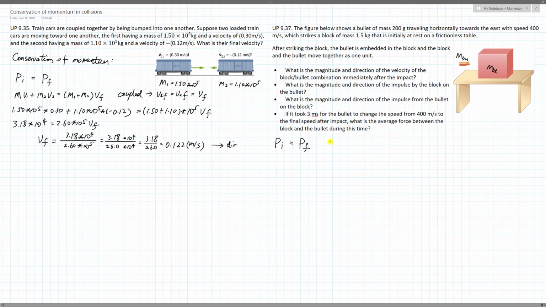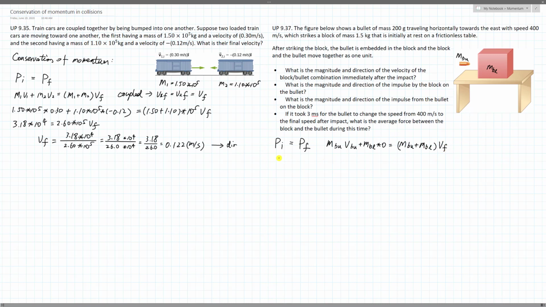So the M bullet, velocity bullet, plus M block times 0 at rest. Right, so that's the beginning. And the final is they're stuck together, so they're moving together. So bullet plus block with their final velocity unknown. So that's the same way we were doing the left side.